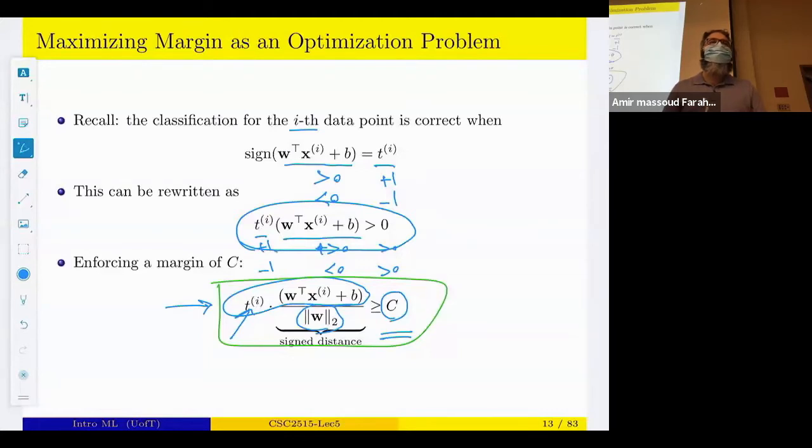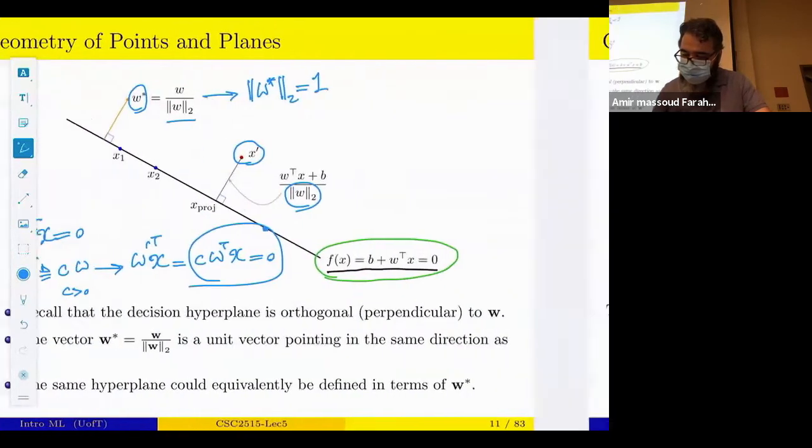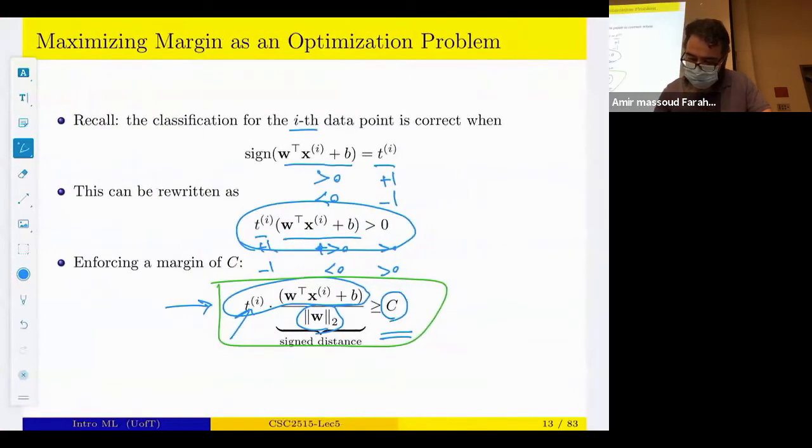That's also true for the left side because of the signed distance. If it's negative, it's going to be multiplied by the label that is -1. Yeah, if it's negative, it's the wrong classification.